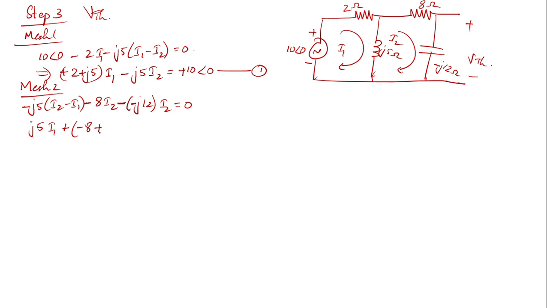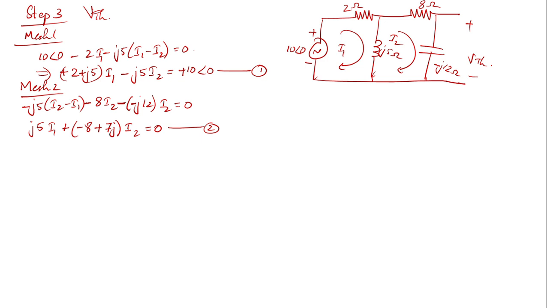So it will be plus 7j I2 is equal to 0. Please excuse me, I hope I haven't made any calculation mistakes over here. I think it's correct, so that's my second equation. We have applied simply the mesh equations. This is your mesh 1 and this is your mesh 2.